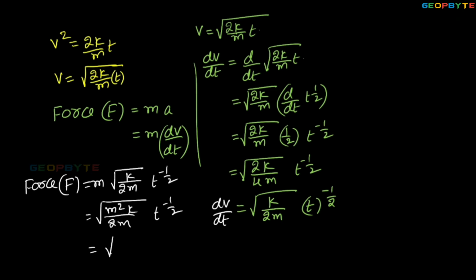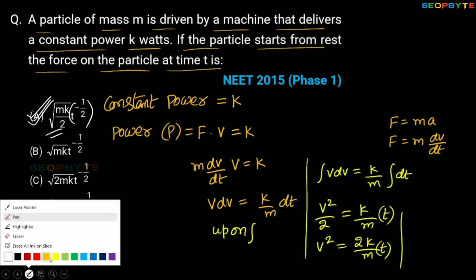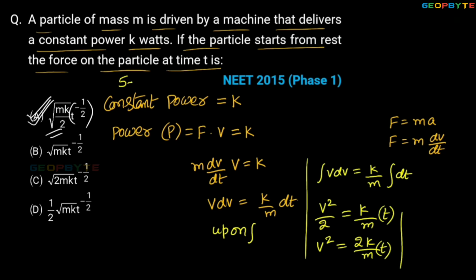One m is cancelled. It is mk by 2 into t power minus 1 by 2. That is the force acting on the particle. Therefore, option A itself is absolutely correct. Understood clearly? It is also a very, very important problem. I can say this is a 5-star problem, which means this kind of problem may be repeated. Shall I take the next question?